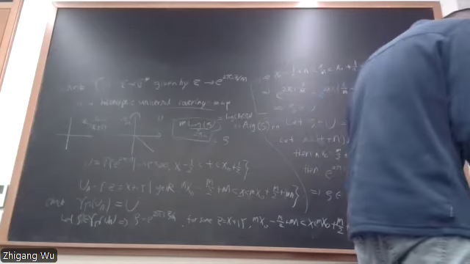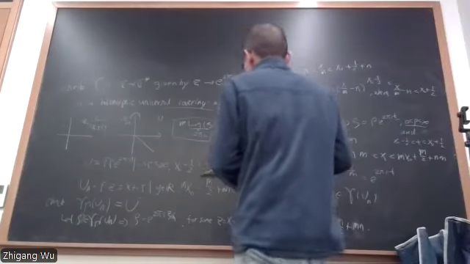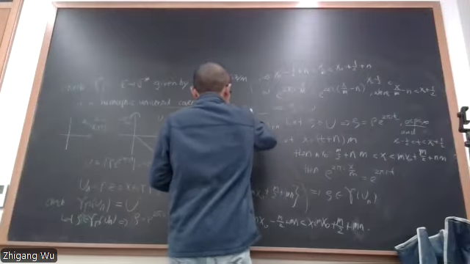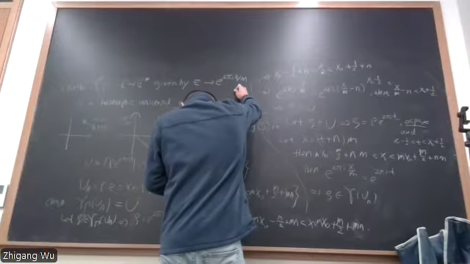Oh shoot. Yes. So here, this should be the modulus of the zeta, plus i, the argument of zeta.